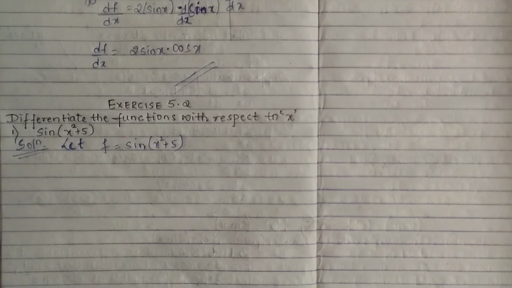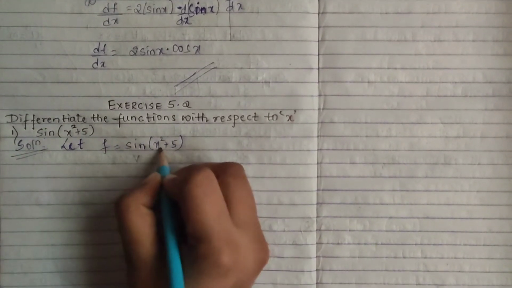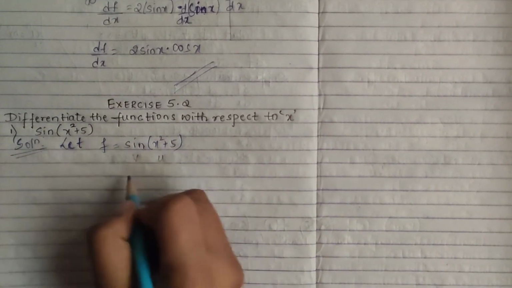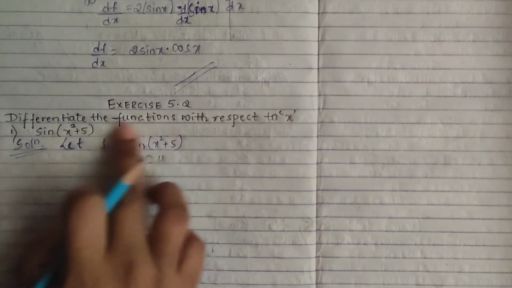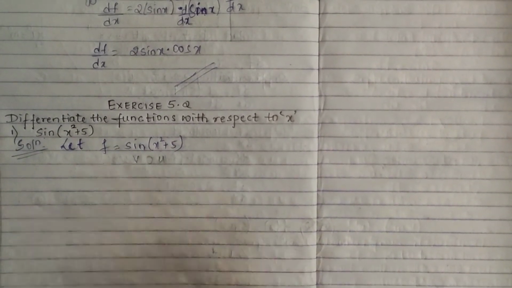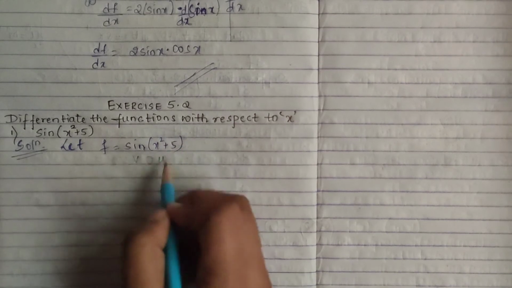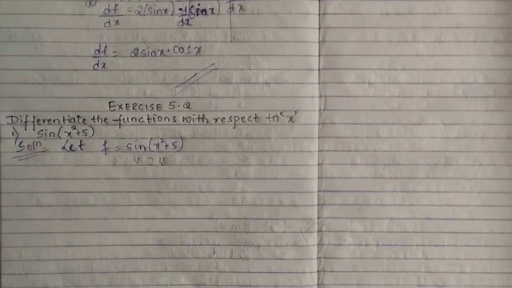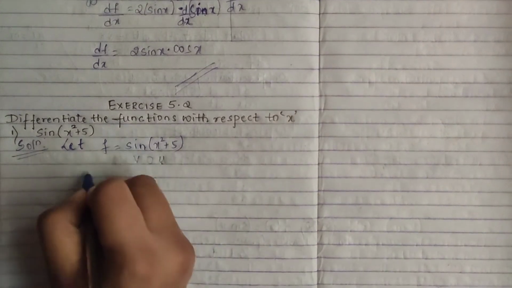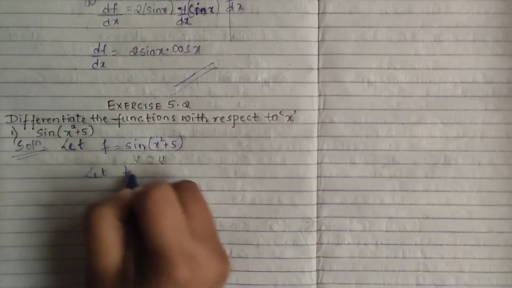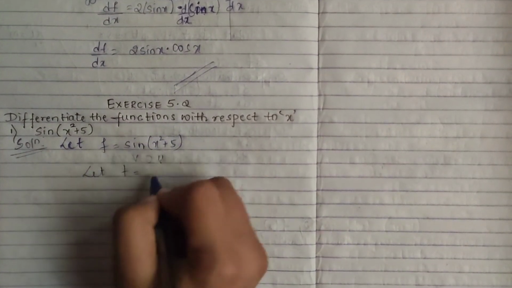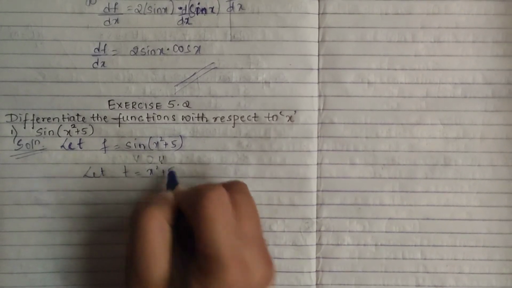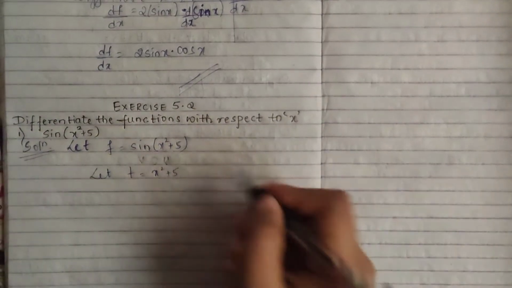Sometimes we consider this whole term as v, and the interior part as u, which is equal to t of x. So now let t is equal to x square plus 5.